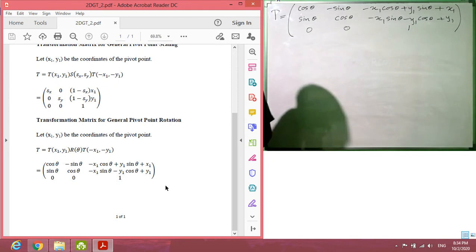Yes, you get this. Now the problem is not how you compute the transformation matrix.